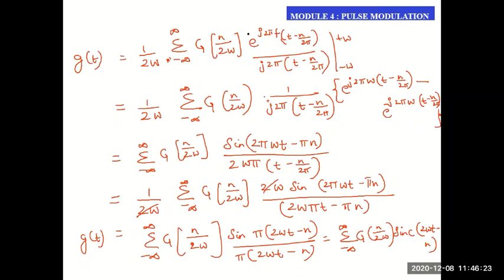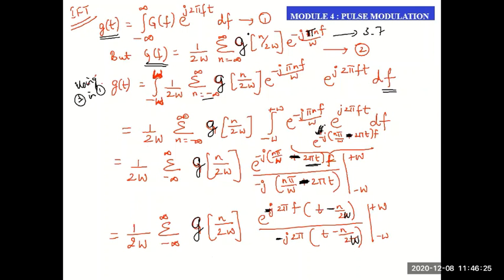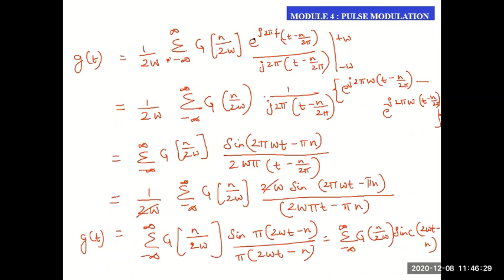Okay. I think where did I have the minus sign? I should take minus. Plus w and minus w. This is n by 2w. We'll take this out.